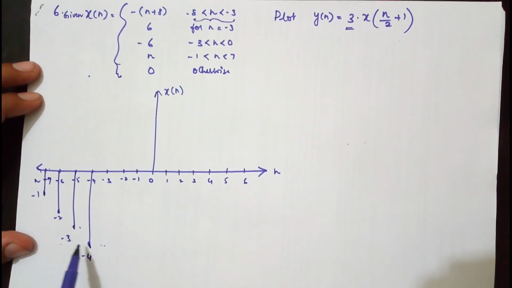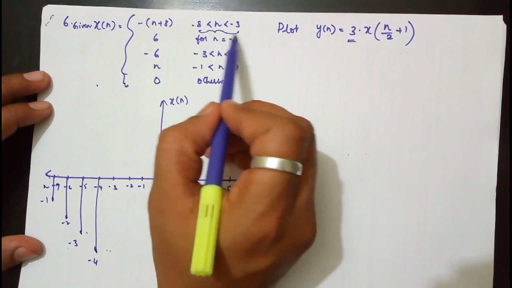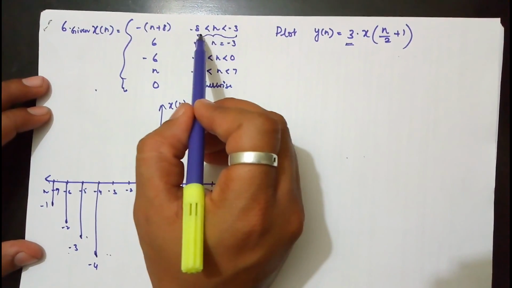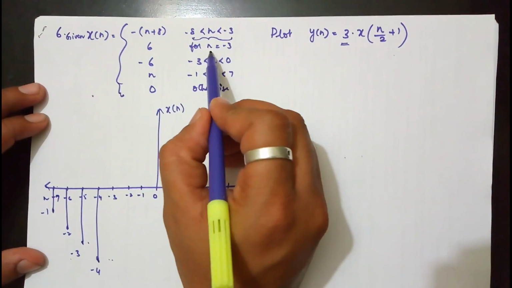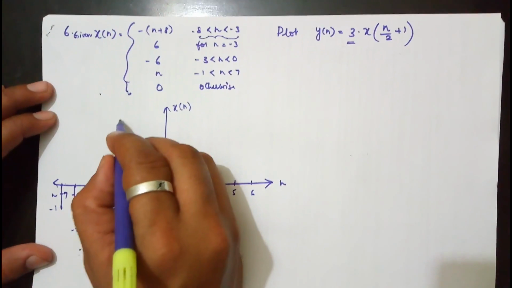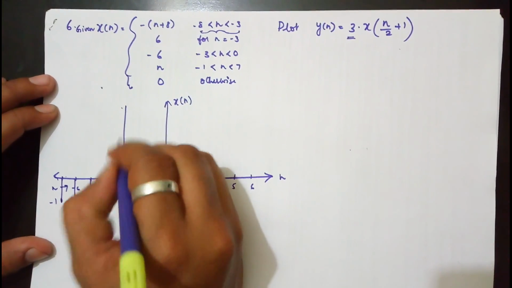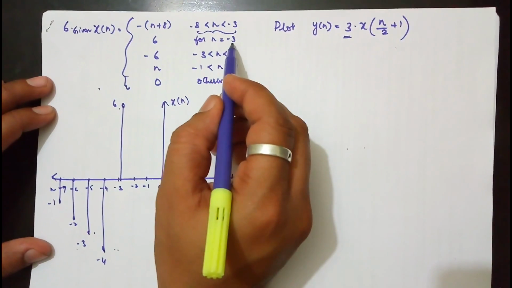So this is the waveform of x of n between -7 and -4. Now at n equal to -3, the value is specified, it is 6, so I can directly draw the waveform at n equal to -3.